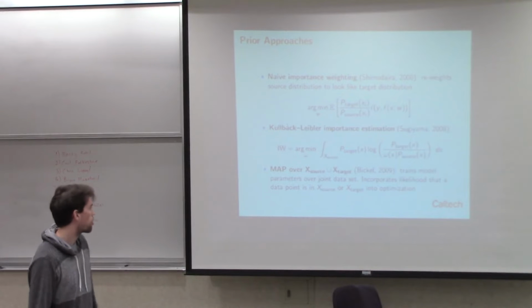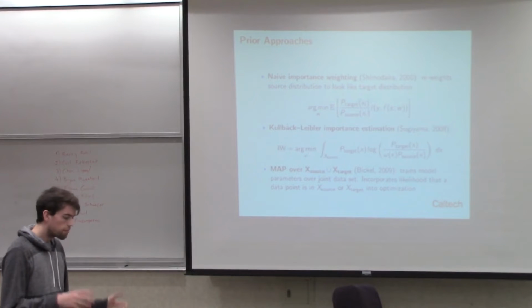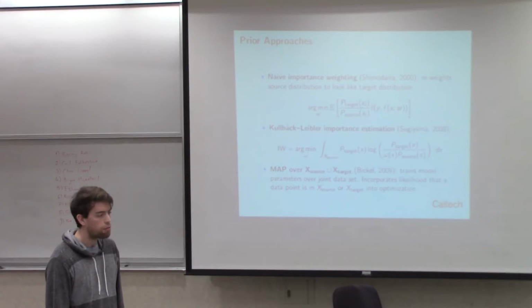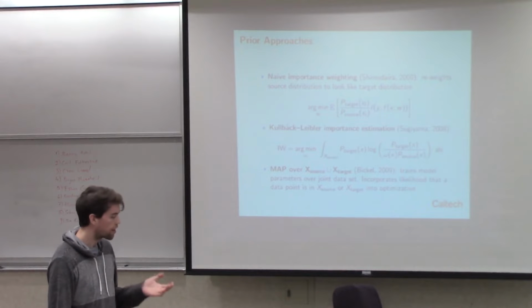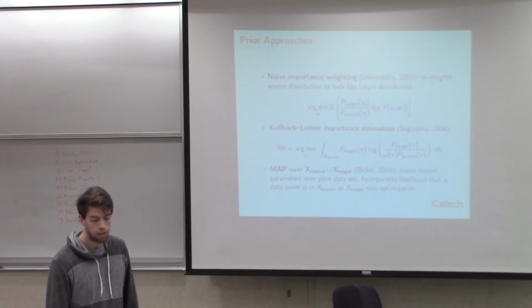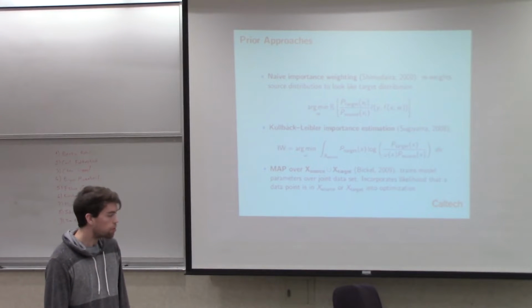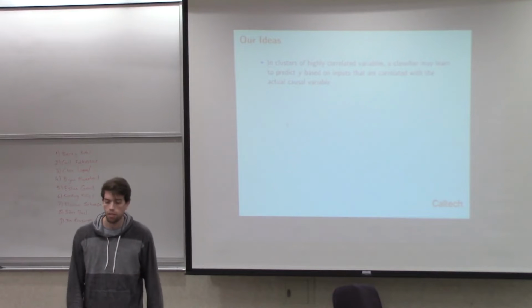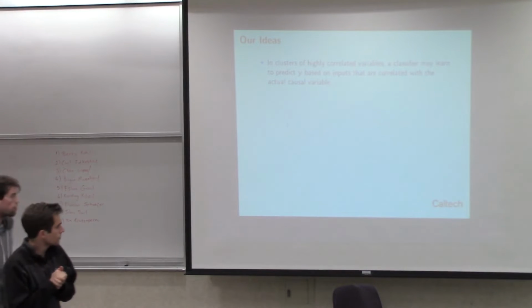And then there's another approach, in the spirit of looking at all the data together and somehow minimizing a loss over all of that. It's not exact, it's not relying on every point being labeled, but looking at the differences between the covariates in the two distributions. So Babija will now talk about some of the ideas we have that differ.